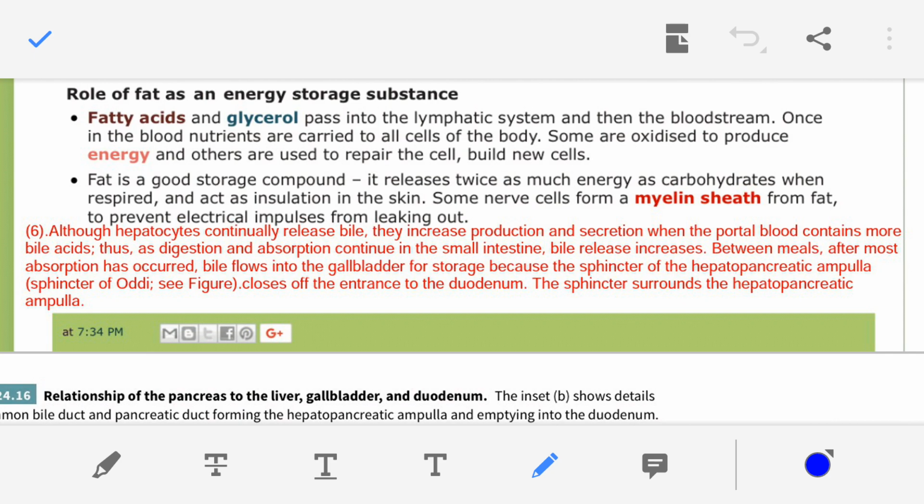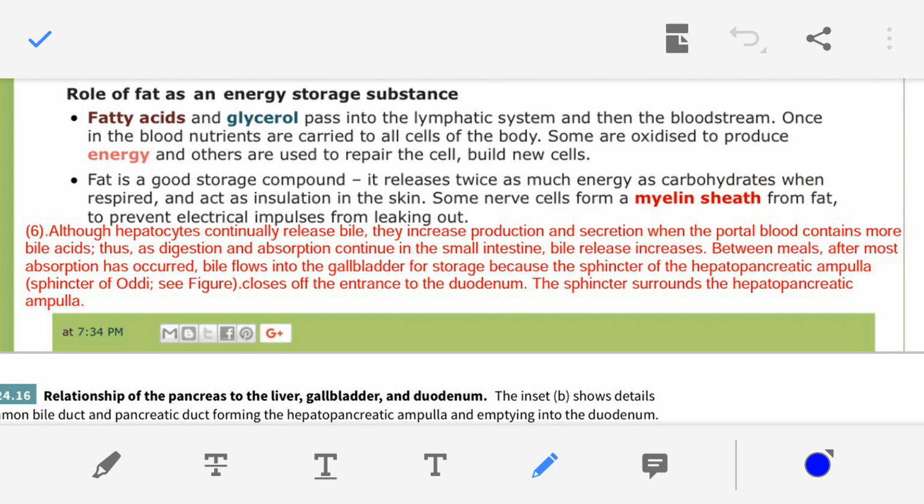The main digestion process begins in the duodenum. Okay. So when the digestion is occurring in the parts of the small intestine, at that time more bile is secreted by the liver. That is the meaning of this.